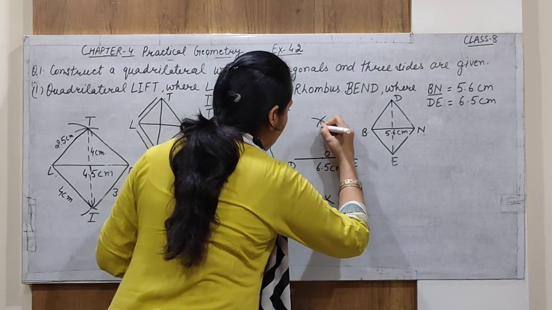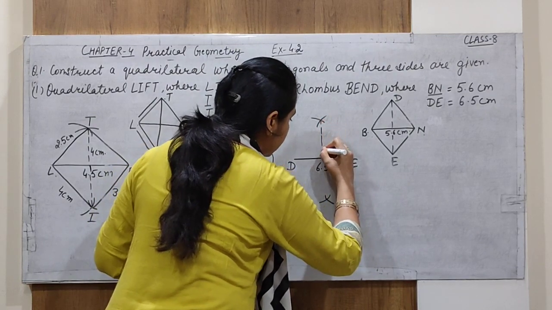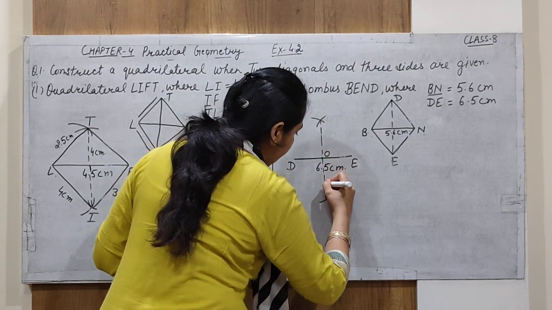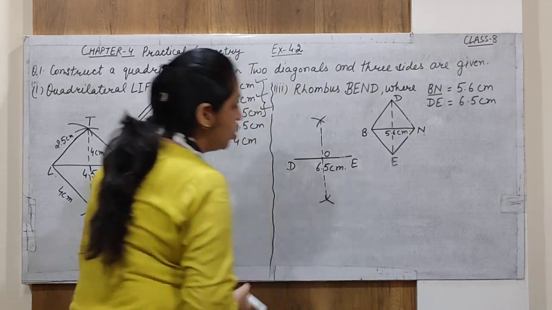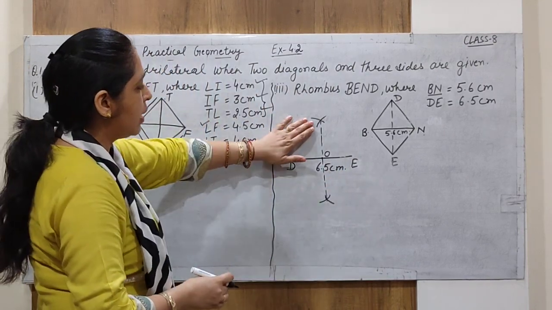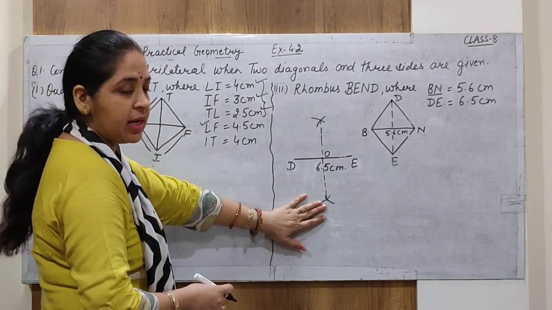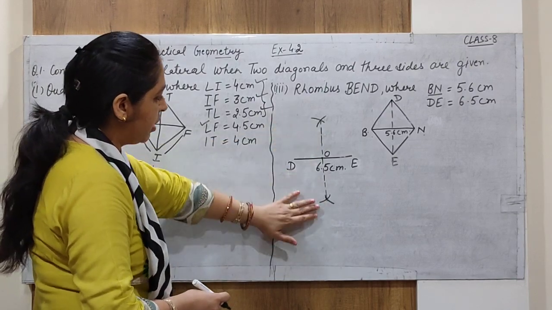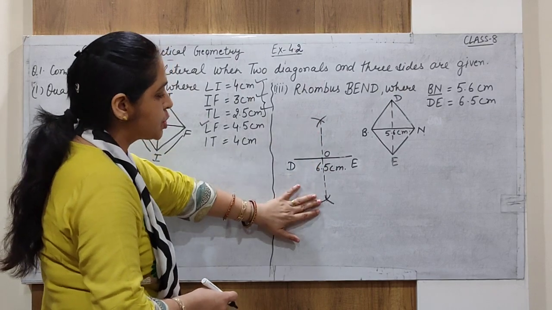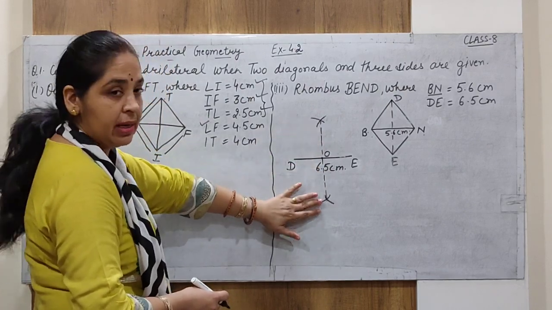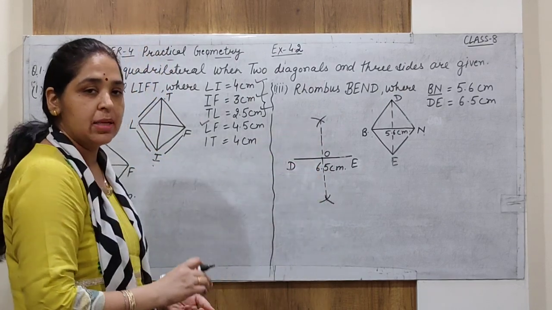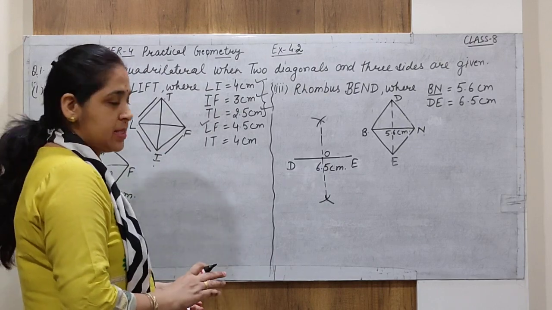Now we can draw a dotted line, or a simple line, with the help of these two points. When two arcs cut each other, we get one point, and by the other pair of arcs we get another point. When we join these two points, we get a line, and this line acts as a perpendicular bisector.